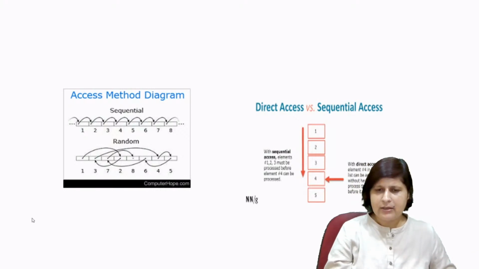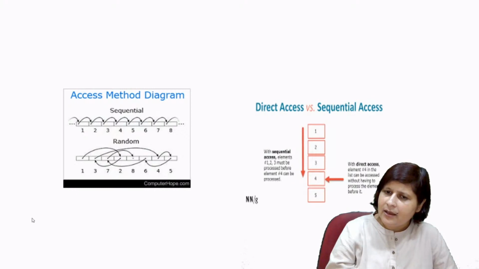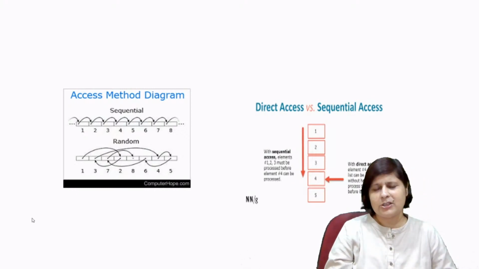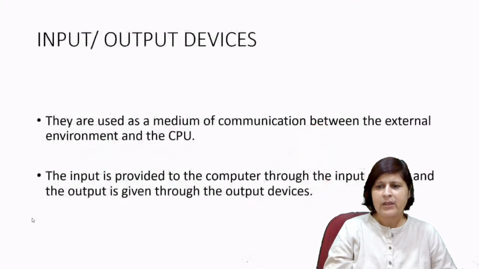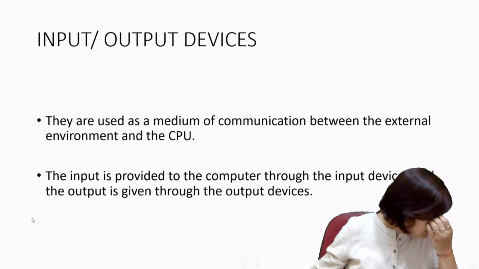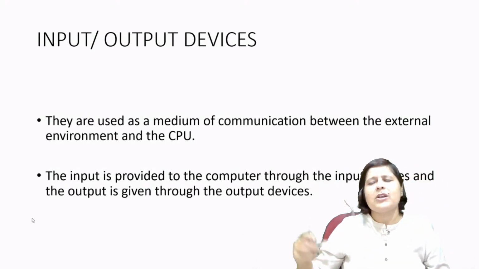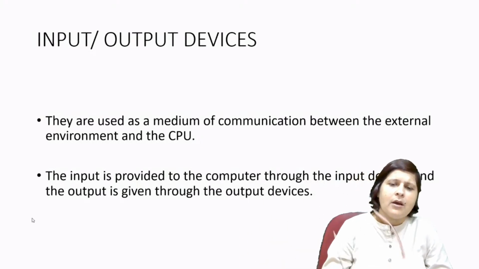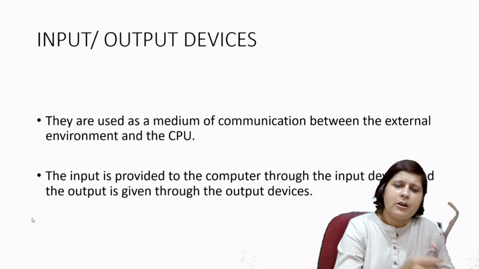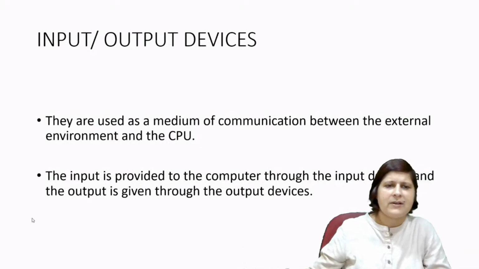So secondary memory is slower than primary memory, and the methods are direct access and sequential access. With direct access you can directly open the file, and with sequential access, to reach a particular position you have to move through the previous positions.